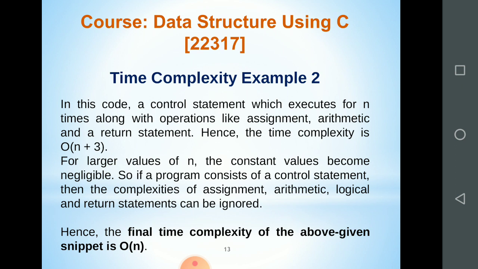So if a program consists of a control statement, then the complexities of assignment, arithmetic, logic and return statements can be ignored. Hence the final time complexity of the given snippet is O of n. We just ignore the 3; the time complexity is big O of n when there is a looping statement.